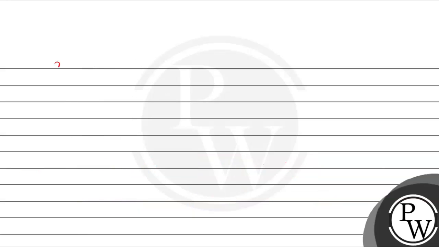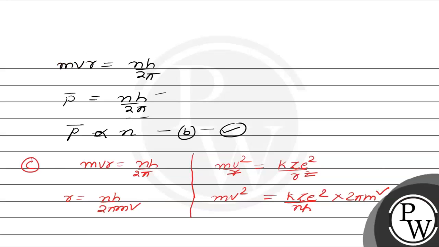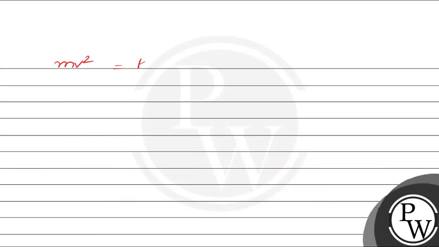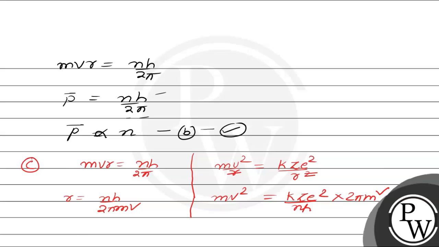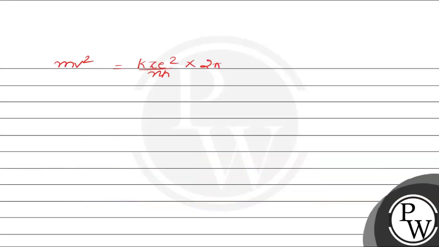So we are left with mv square equal to kZe square upon nh into 2 pi mv. So from here, v will cancel out from v square, and m will be cancelled out. So from here we can write v equals kZe square into 2 pi upon n into h.